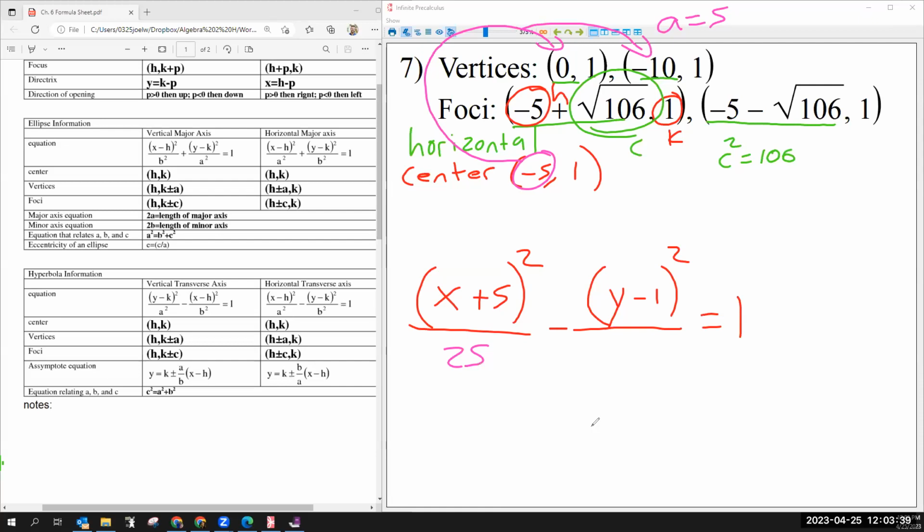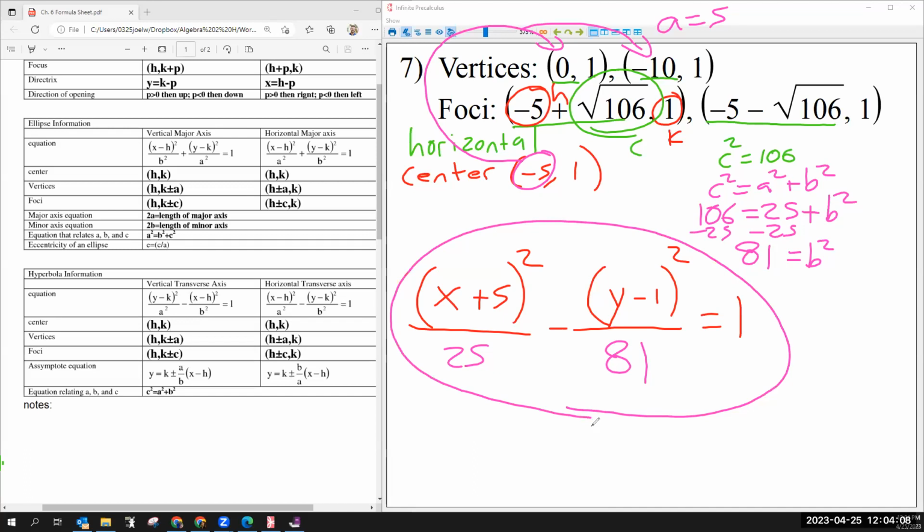All right, so that means the only thing left is to find our B. So 106 equals 25 plus B squared. There we go. That's number 7. Go ahead and try number 8.